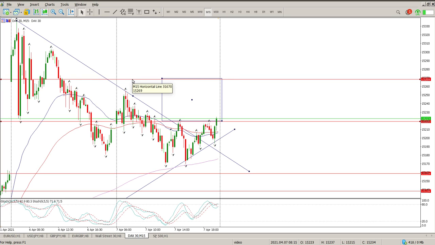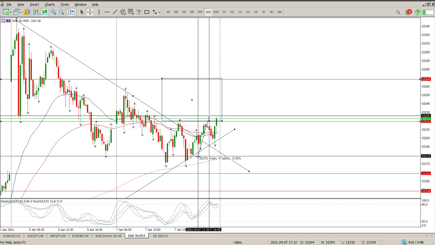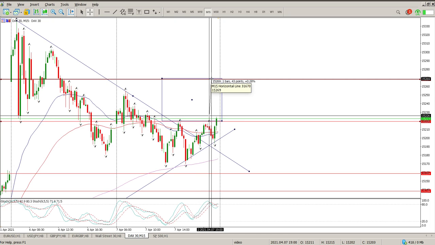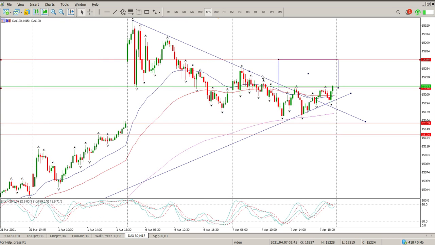So that should take us to 15269. That's a one-to-one trade, roughly. It's around a 60-point risk, well, a little bit less, probably 50-point risk to a 43, 44-point gain. That's kind of what I can see here at the moment.